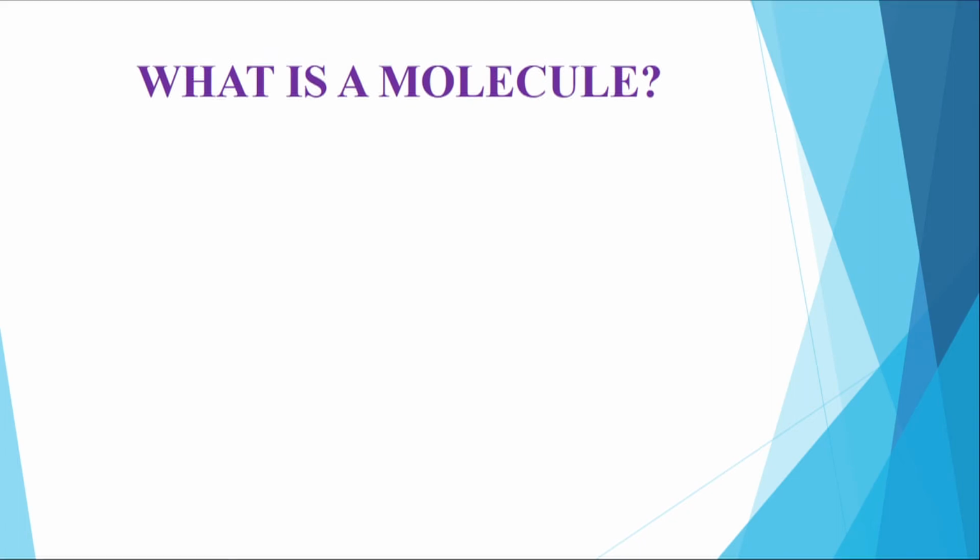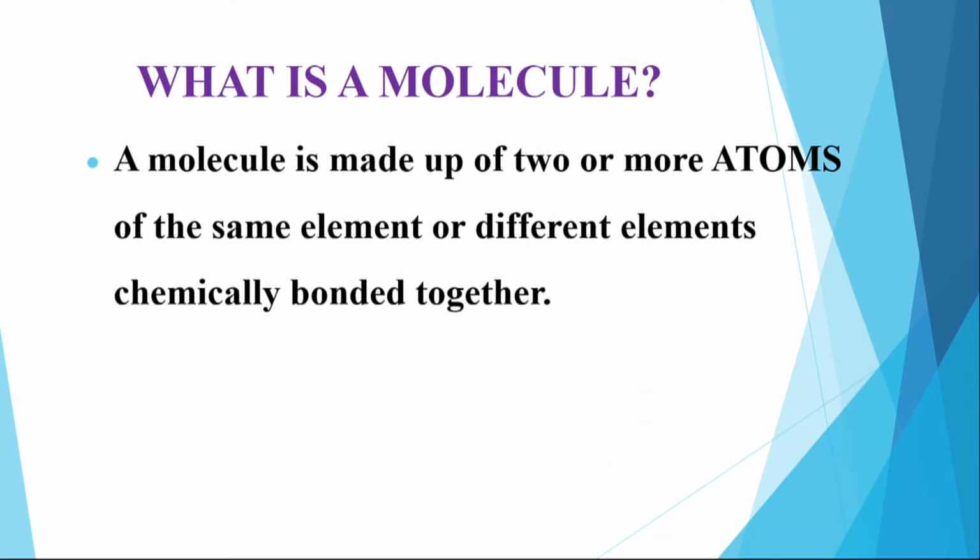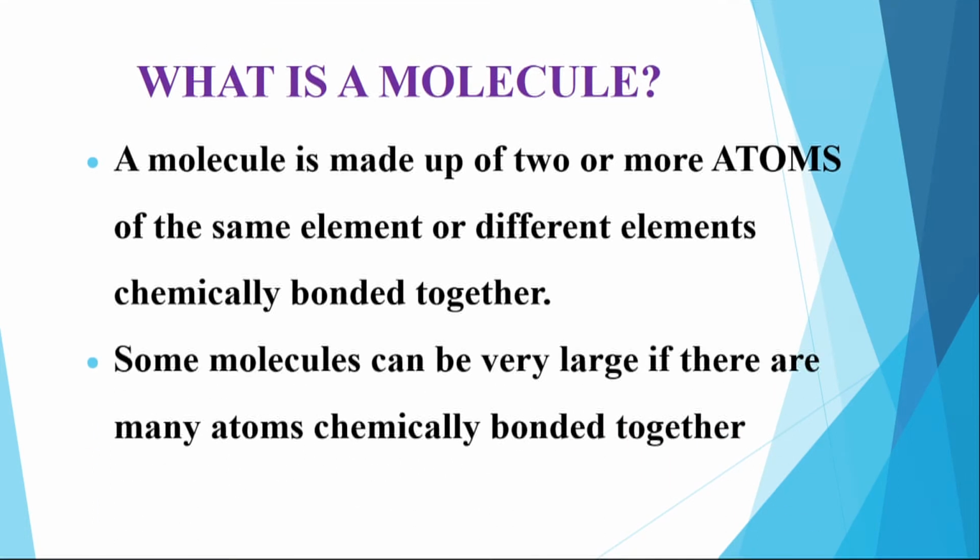What is a molecule? A molecule is made up of two or more atoms of the same element or of different elements chemically combined together. Some molecules can be very large if there are many atoms chemically bonded together.